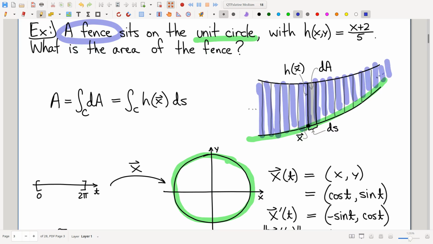You want to put a fence around your property? Sure. You want to let the dog off the leash? That's cool. Now what's weird is the height of the fence is not constant. Here, the height depends on the location.